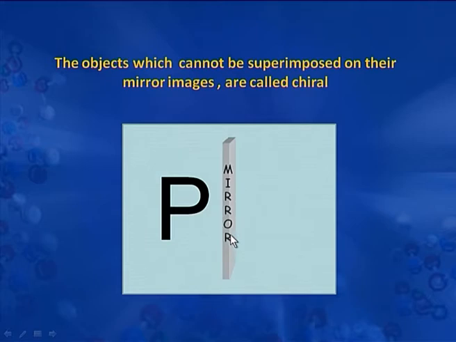If we see its mirror image and try to pick this P and put it over this P without changing the plane, just shifting it from here to here, we find that it is not superimposable. So, this letter P of the English alphabet is chiral. Similarly, we can have many chiral objects in our routine life.